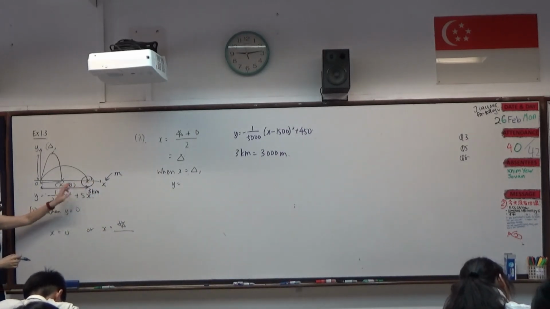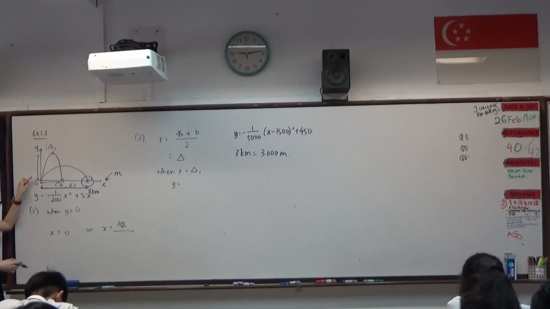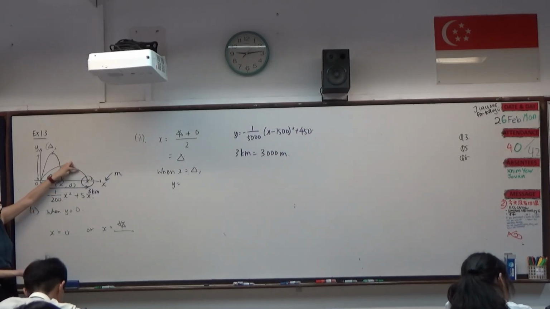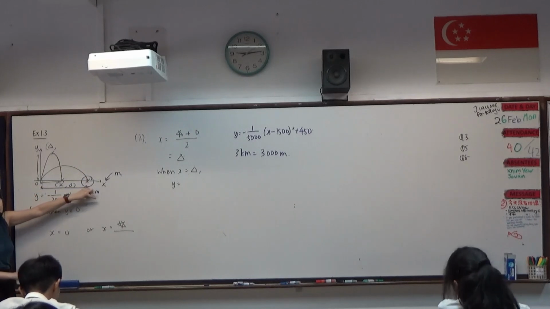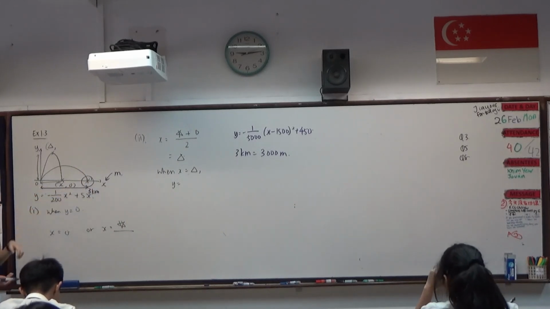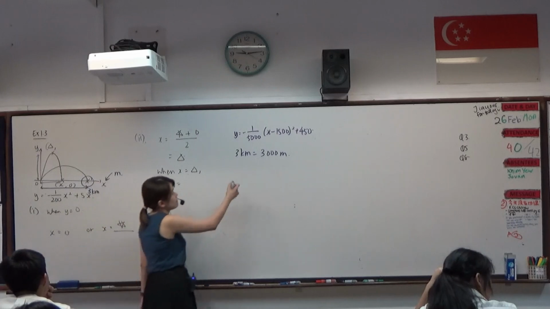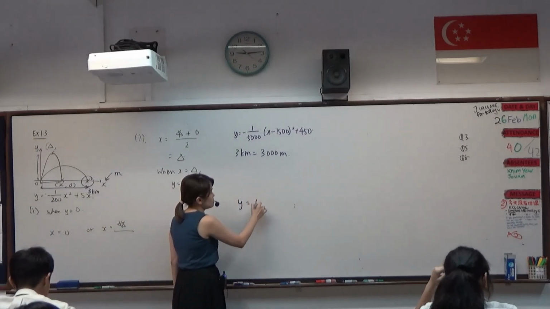If your y is equal to 0, that means it lands here, which means it will hit the enemy brigade. If it is anything more than 0 or less than 0, it totally misses the enemy brigade or has not yet reached it. Understand? So what we have to do is check whether y is equal to 0 or not.